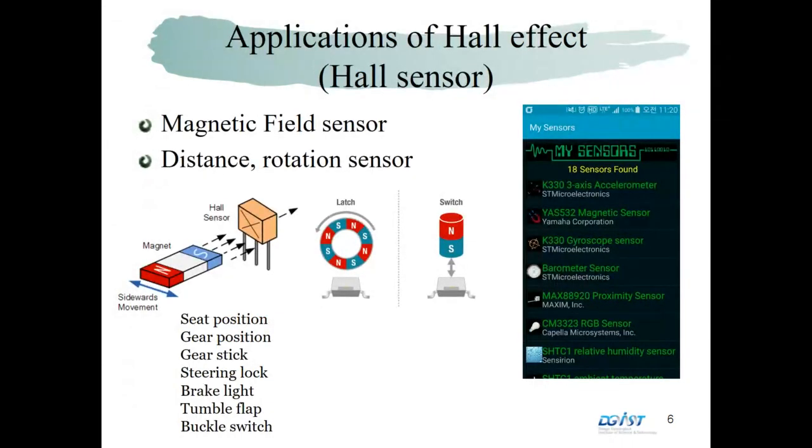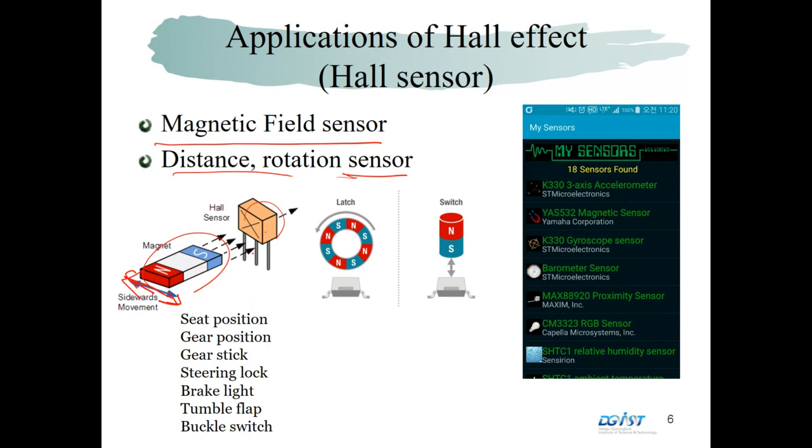Okay, so there are so many applications of the Hall effect, as you saw in your YouTube clip. They can be used as magnetic field sensors, and also distance or rotation sensors. For example, if we have a magnet here and we put a Hall sensor, and the magnet is moving sideways, then we can detect the change in the Hall sensor.